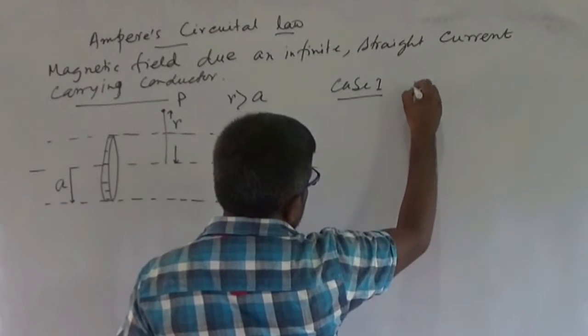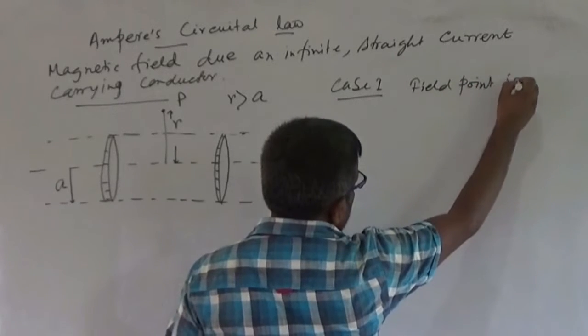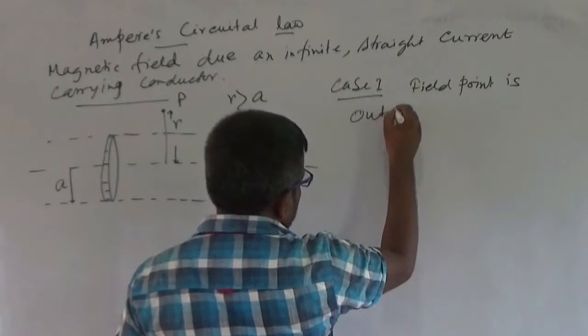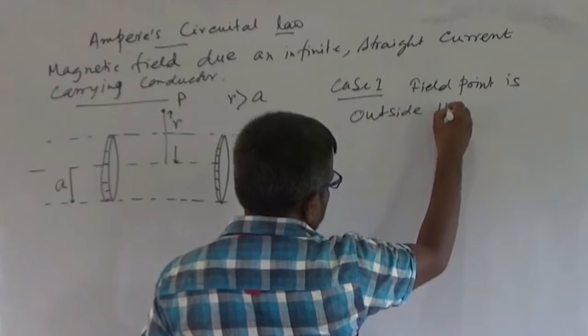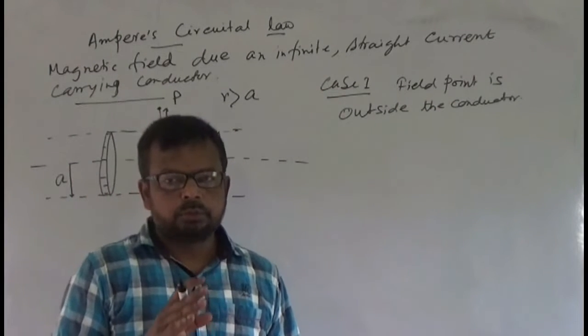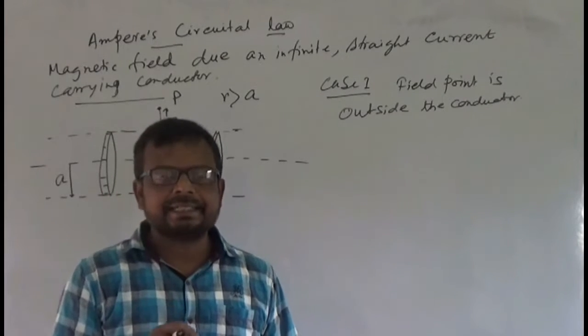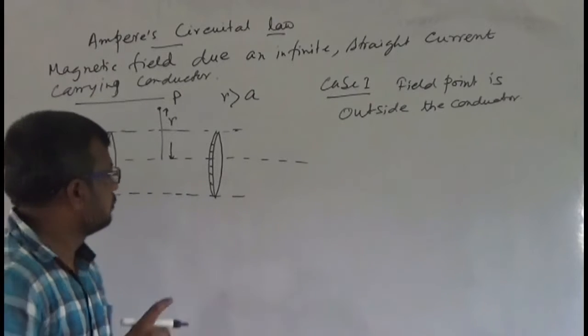Case 1: the field point is outside the conductor. We take a closed circular path of radius r centered at the axis.